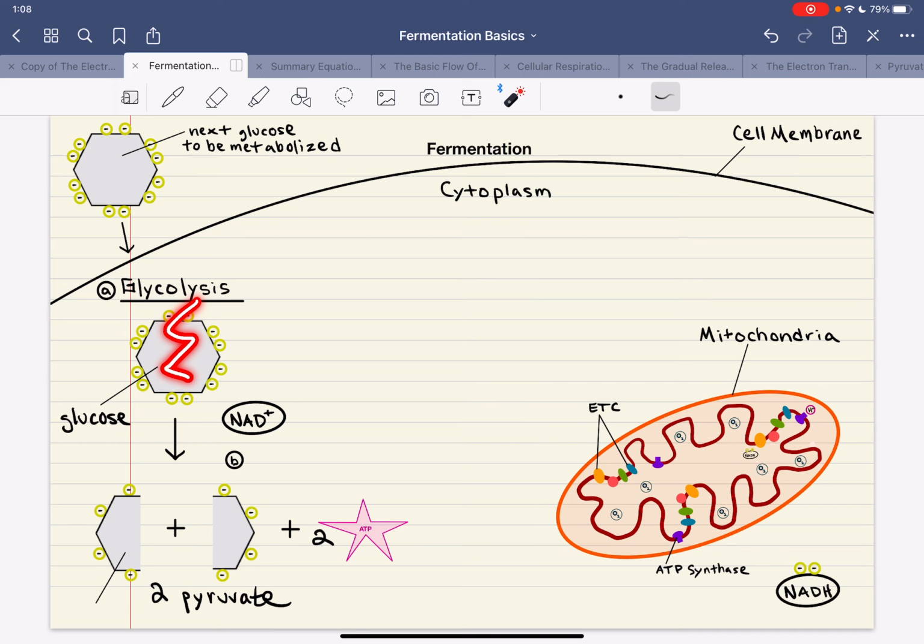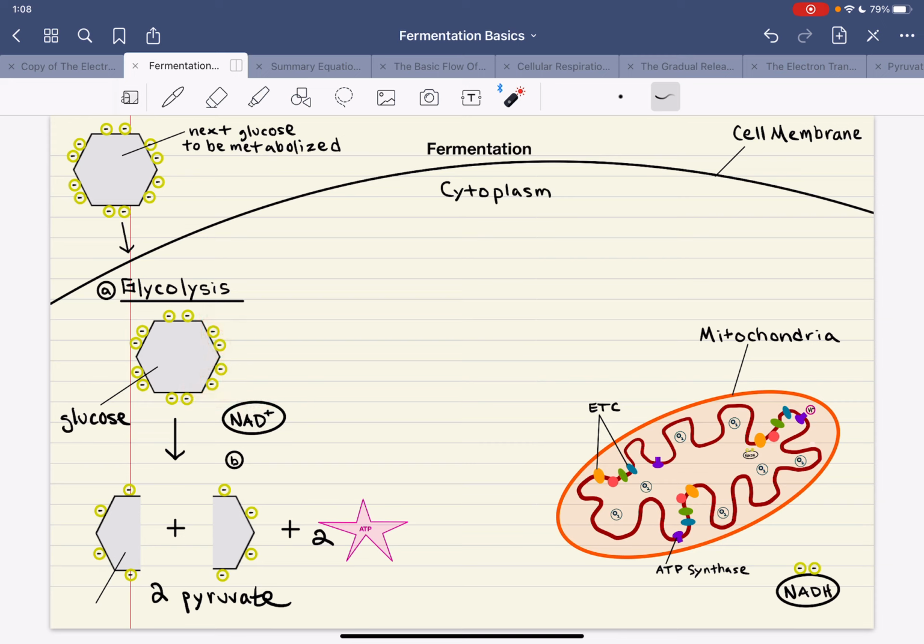Just after glucose gets split, we start to oxidize the 2 halves of glucose, breaking bonds, stripping electrons, and removing energy. We actually strip away 2 pairs of electrons. So imagine we do this twice. We break bonds and we strip away 2 pairs of electrons.